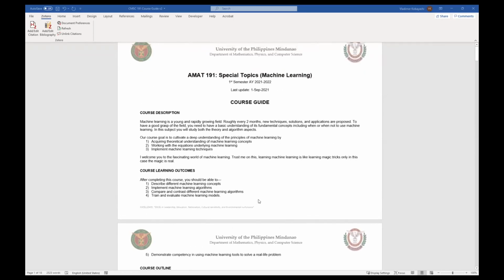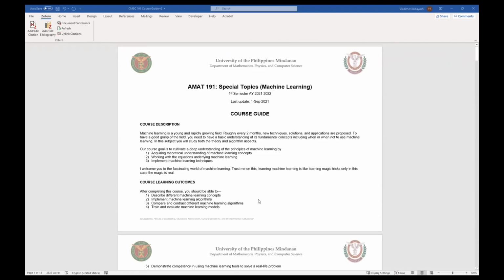So this AMAT 191 is actually a sort of catch-all course. What it means is that, depending on who is teaching the course, he will teach the subject he is most comfortable teaching. Also, it covers topics that are popular or relevant that were not considered when the AMAT curriculum was being revised.